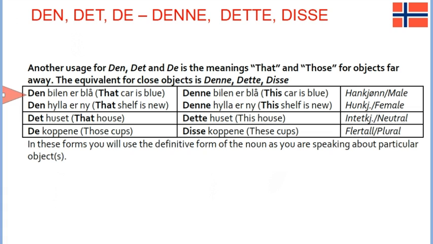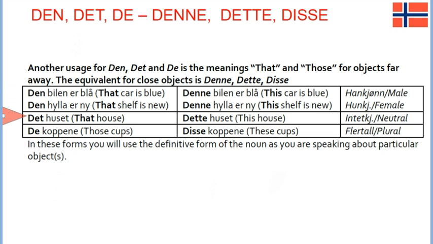For example, den bilen er blå. That car is blue. Den hylla er ny. That shelf is new. The first one, bilen, has an en ending, it's male. Second one, hylla, has an a ending, so it's female.